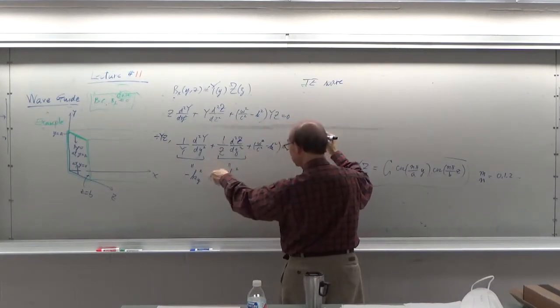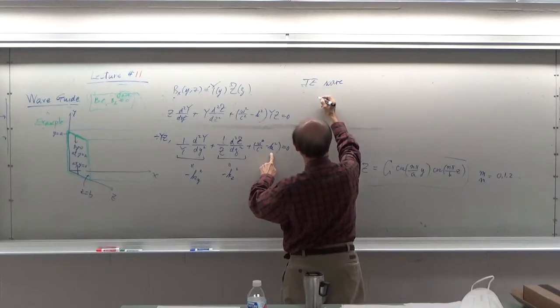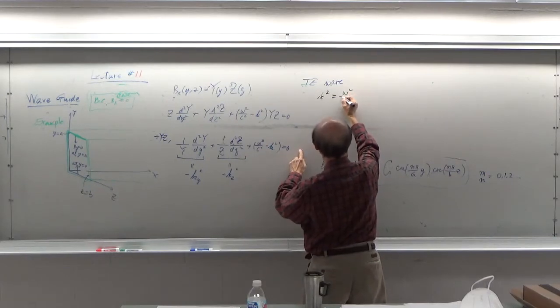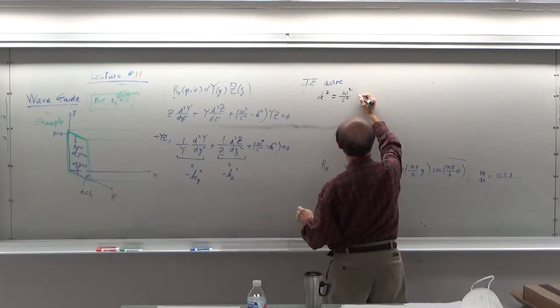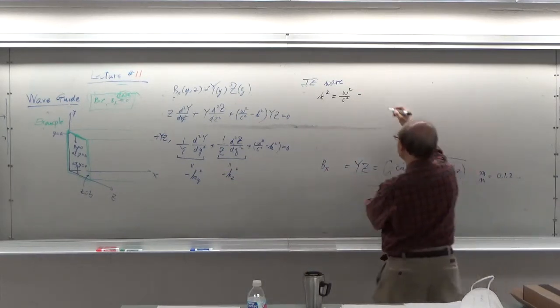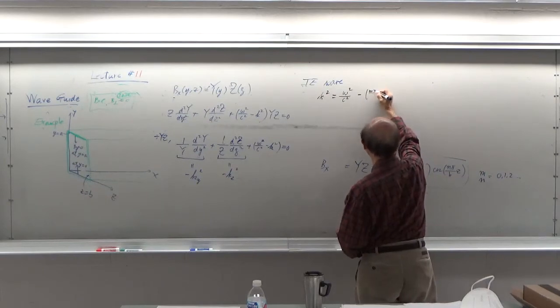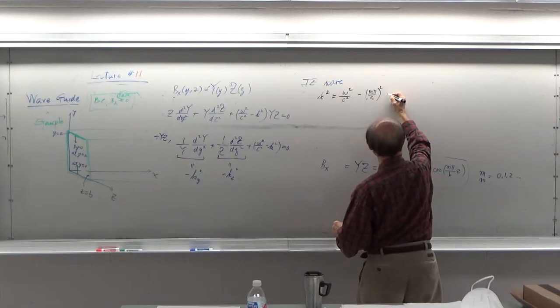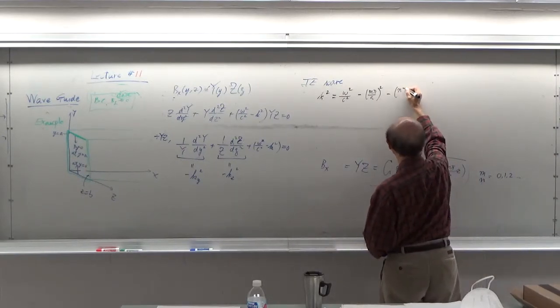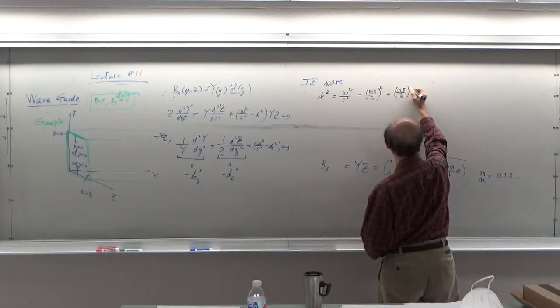If I recopy this equation, that will tell me that k squared is equal to, on the other side, omega squared over c squared minus ky squared. Ky squared is m pi over a squared, minus kz squared. Kz squared is the square of this, n pi over b squared.